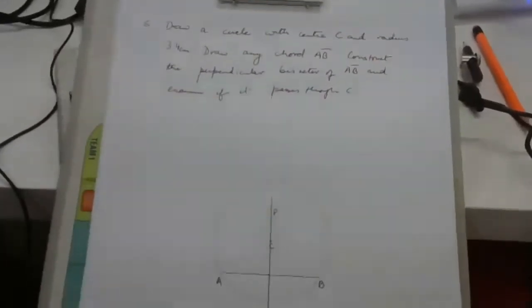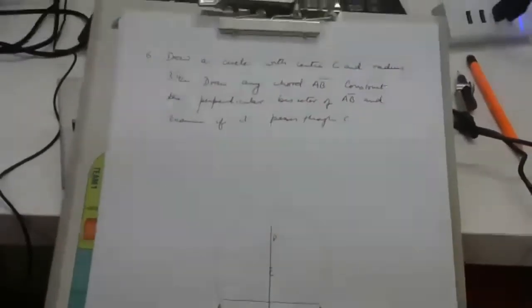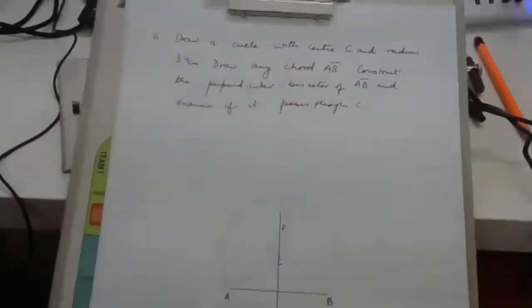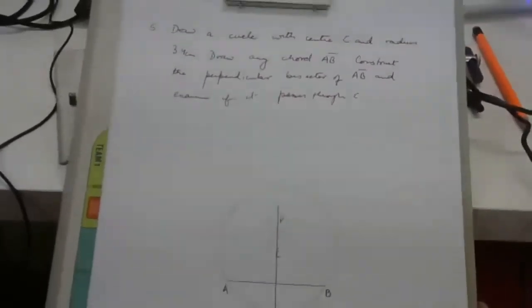The question is there in your book, beta. Just note down. Draw a circle with center C and radius 3.4 centimeters. Doesn't matter. Draw the circle. Draw any chord. I'll check everybody's work. Draw any chord AB.